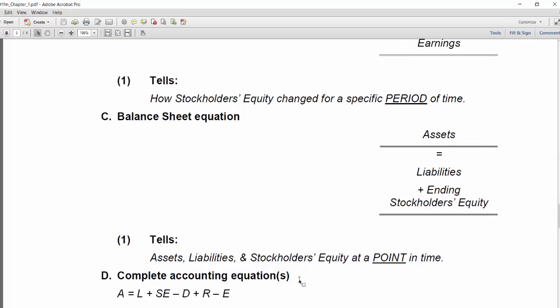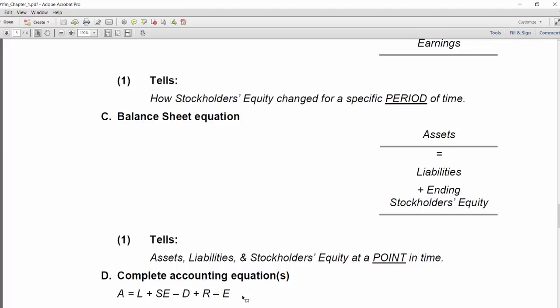So putting all of these account types together, they string together like this. We have assets, and they're equal to whatever liabilities we use to finance them, plus whatever stockholders' equity we've generated by issuing stock or the earnings process in the past, minus any dividends we've declared and distributed, plus any revenue we currently have, and minus any expenses we currently have.